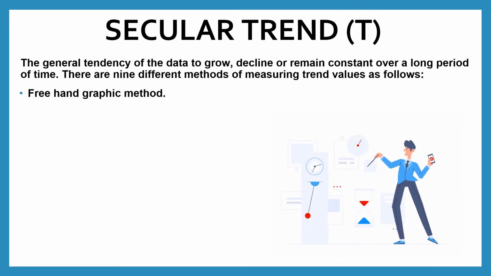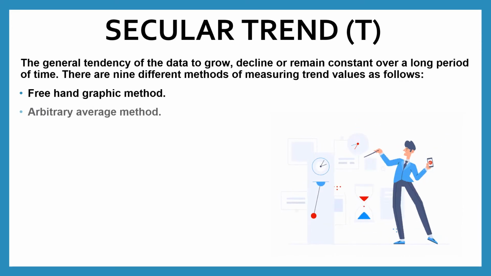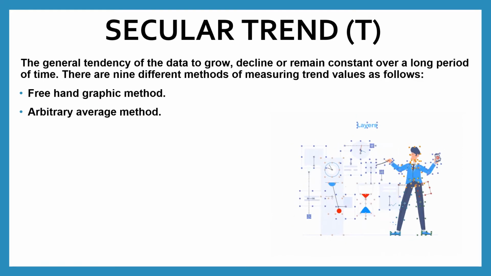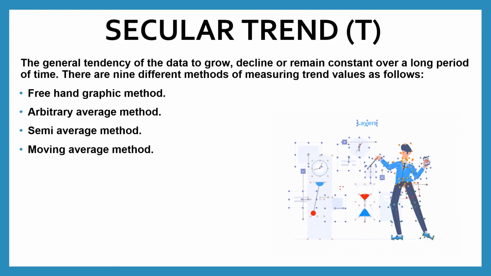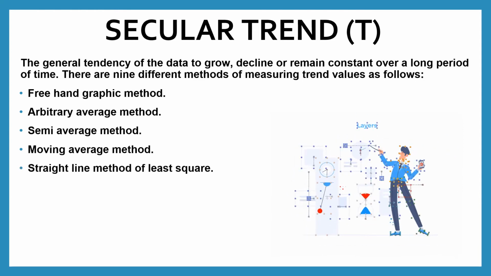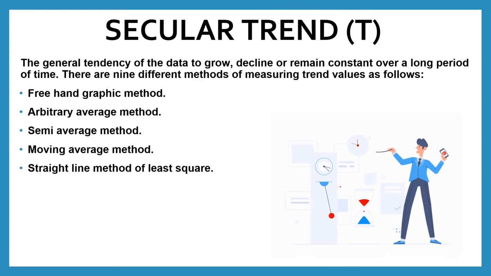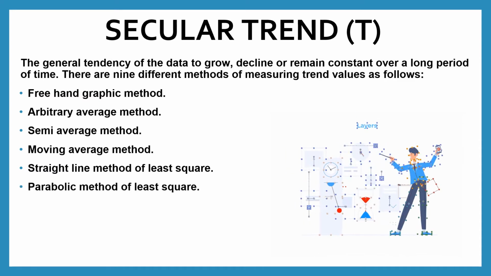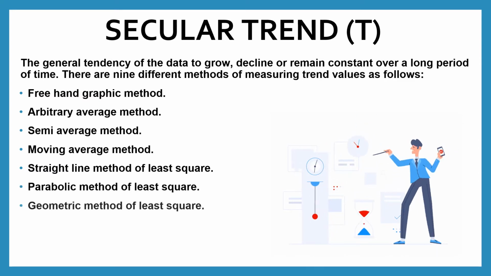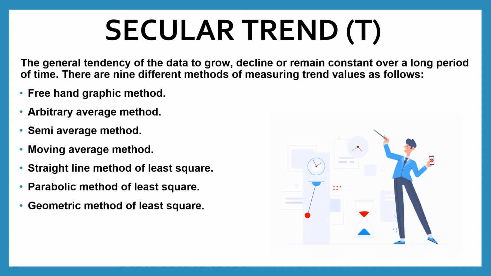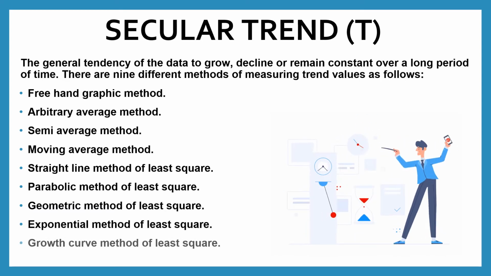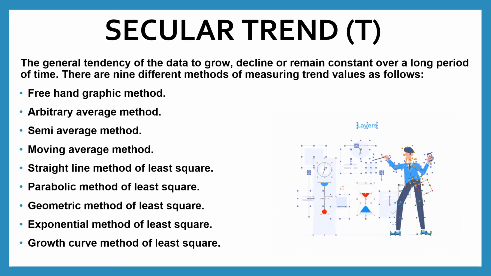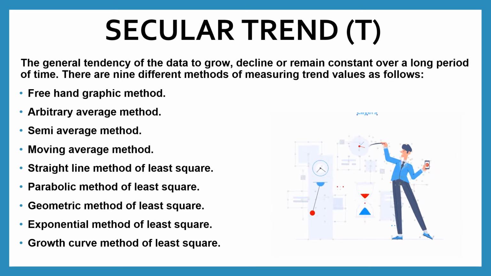The first one is the freehand graphic method, arbitrary average method, semi-average method, moving average method, straight line method of least square, parabolic method of least square, geometric method of least square, exponential method of least square, growth curve method of least square.